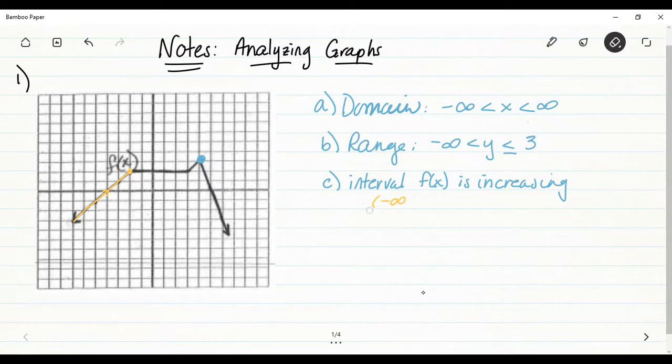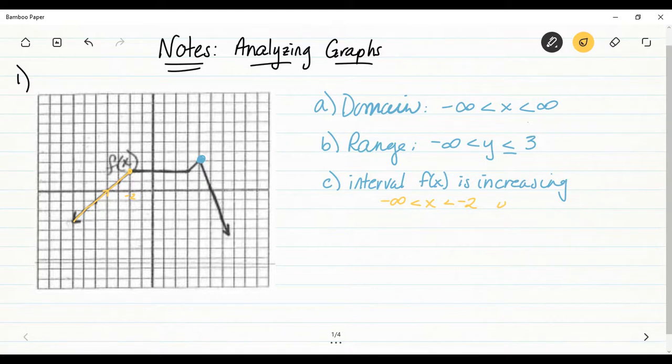It is starting at negative infinity, and it is then going up to negative 2. This is negative 2 on the x-axis. Our increasing and decreasing intervals do not include our endpoints, so therefore we do not have an equal sign.